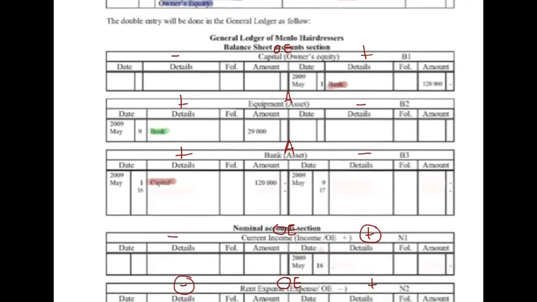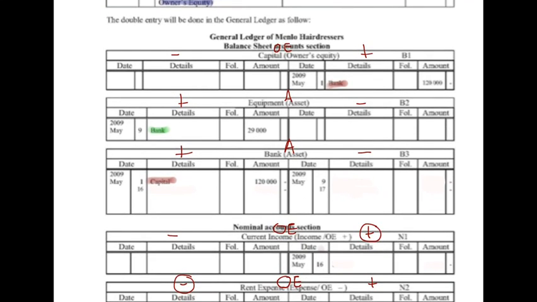So in bank, I'm going to say I'm losing 29,000 Rand on the credit side due to the fact that I'm buying equipment. So equipment was the account that I debited, and in here you can see the account that I credited was bank. So it points towards each other once again.